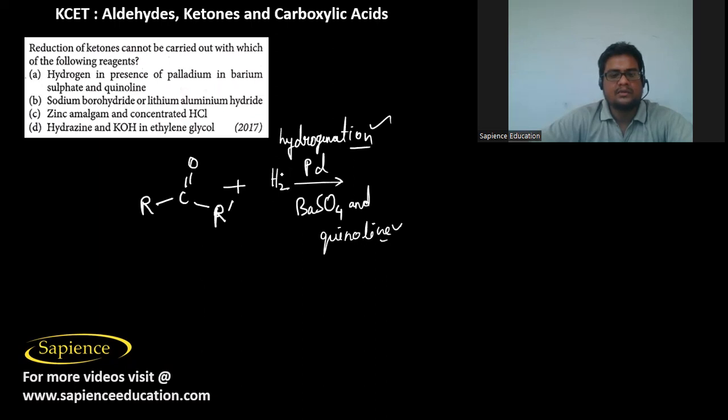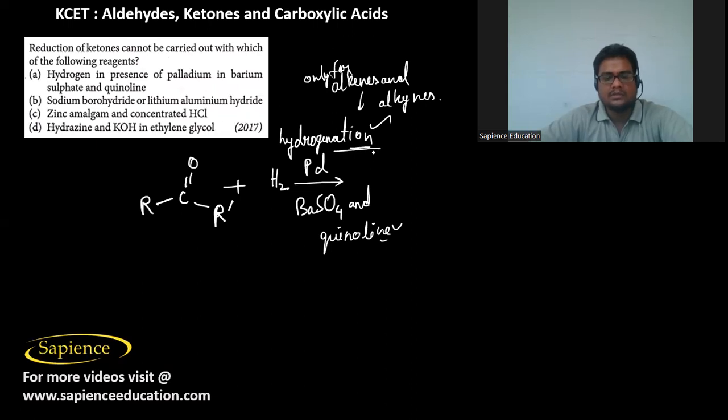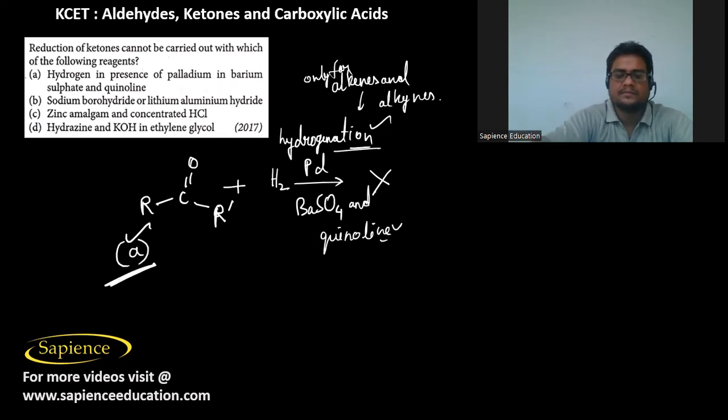So hydrogenation can be done only for alkenes and for alkynes, and hence the ketones can't be reduced through the process of hydrogenation. So here no reaction will happen. So option A is the correct answer.